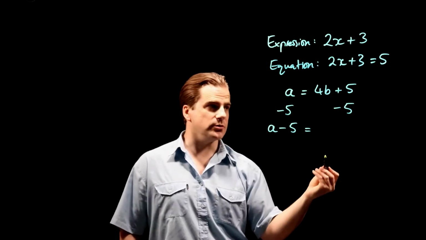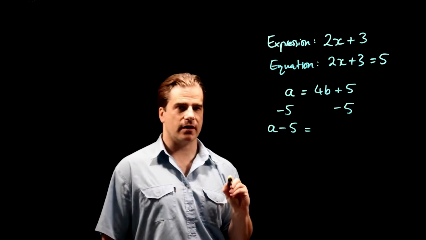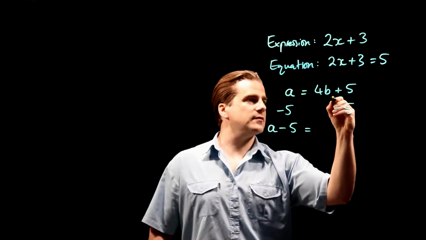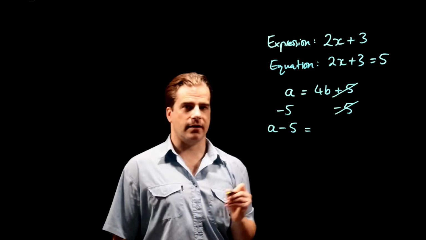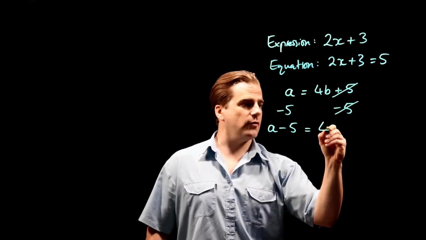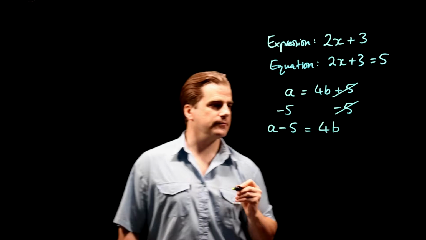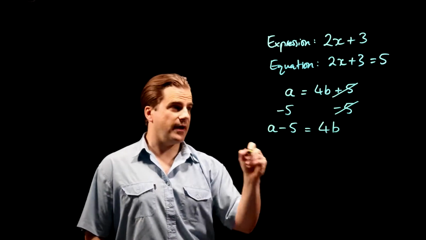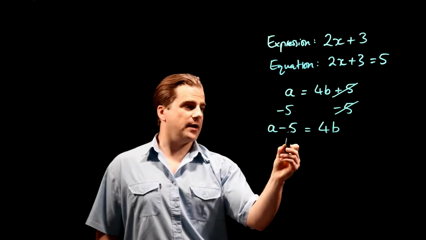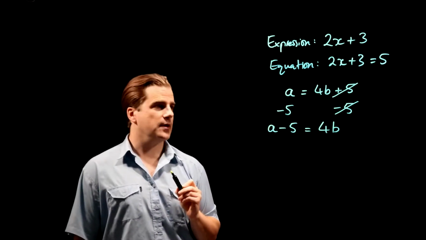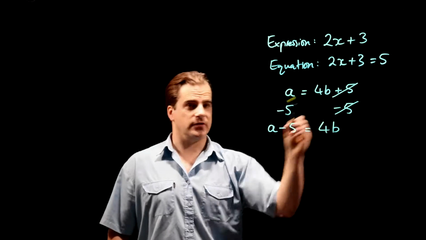Now the reason I chose to subtract 5 from both sides was because plus 5 and minus 5 is 0. So you can cancel them. But we're just left with 4b on that side. Okay? We've rearranged it. We've changed the form. We've now got a minus 5 equals 4b, which is the same equation, just in a different form.